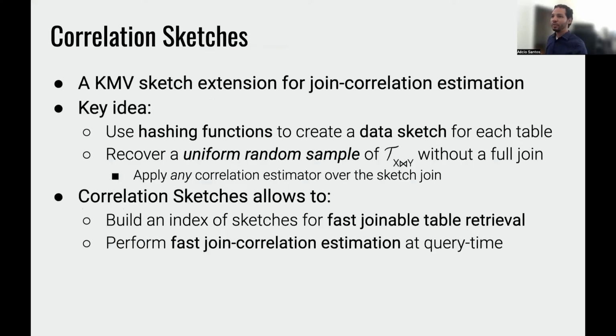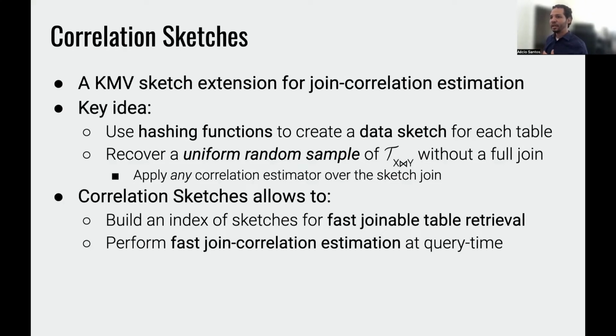At the core of our approach is this idea of correlation sketches, which are an extension of KMV sketches, which allows us to perform this estimation efficiently without having to materialize the joins. So the key idea here is that we use hashing functions to create a randomized sketch of the data.